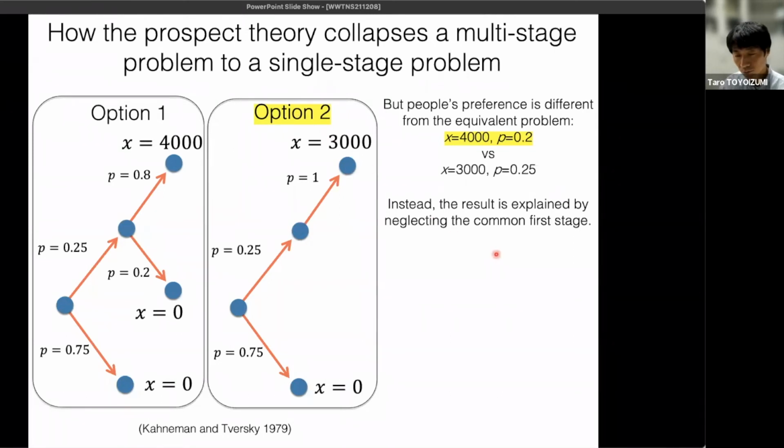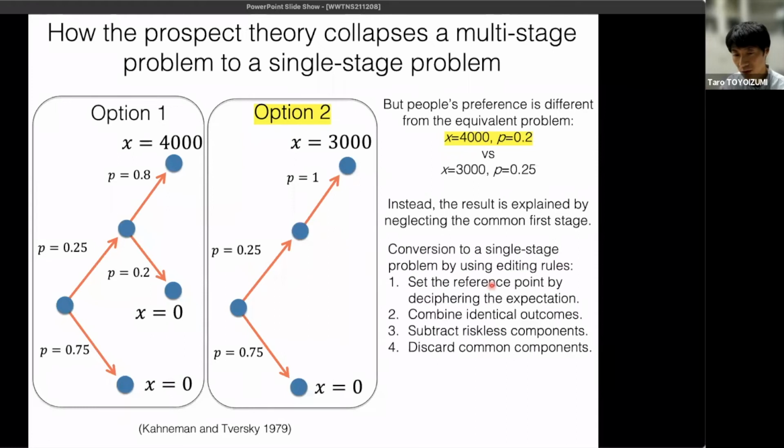So, regarding how to convert these two-stage problems into single-stage problems, prospect theory prepares editing rules. And I will just read those editing rules. Number 1, set the reference point by deciphering the expectation of the subjects. This is already a bit ambiguous, how to set the reference point.